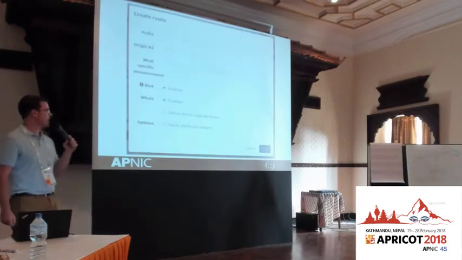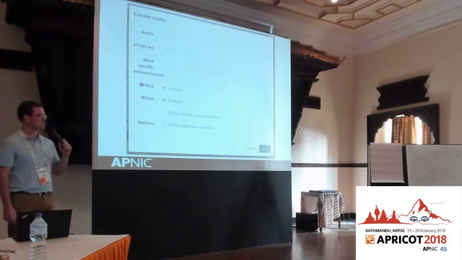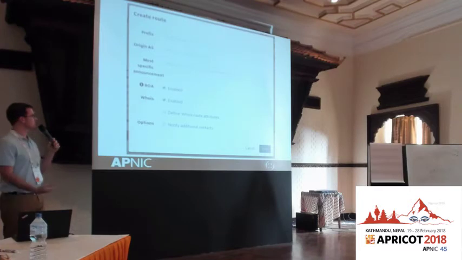So you click Create Route, and you get a page like this that pops up. Prefix and origin AS are self-explanatory, but the next option, most specific announcement, is a generic term we use because this system covers both Whois and RPKI.